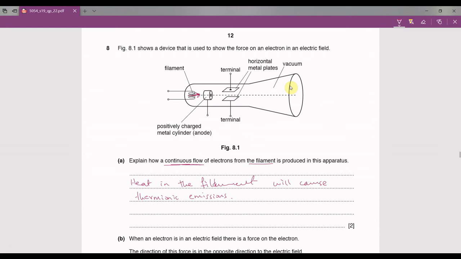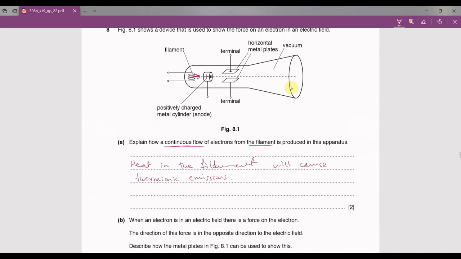So they have another measure in place, and that is an anode. So anode is positively charged. So if this is positively charged, it's going to attract the electrons towards itself. And remember, there is a very large potential difference between the anode and the filament. Filament is basically negatively charged here, and what happens is the positively charged anode is going to attract all the electrons towards it, so it causes a continuous flow of electrons in that direction to the right.